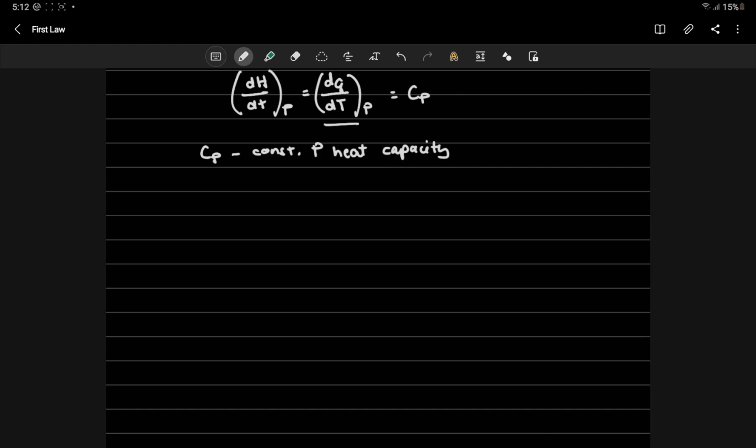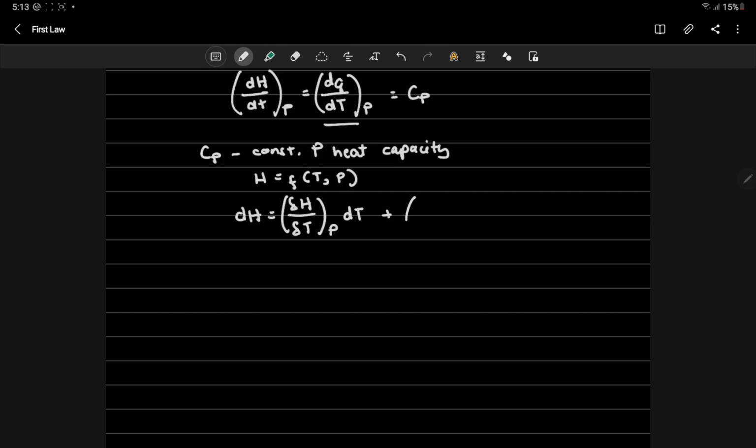Let's say that enthalpy is a function of temperature and pressure. That makes sense, right? Because the higher the temperature, the higher the enthalpy. Remember, enthalpy is just the collection of U, which is also a function of temperature, and PV. And we also include pressure. Now, let's do the total differentiation again. So dH is equal to the change in H with respect to the first variable, temperature, at constant pressure, the second variable, dT.